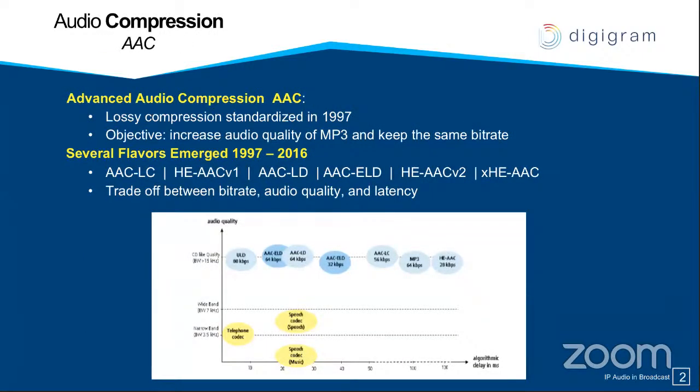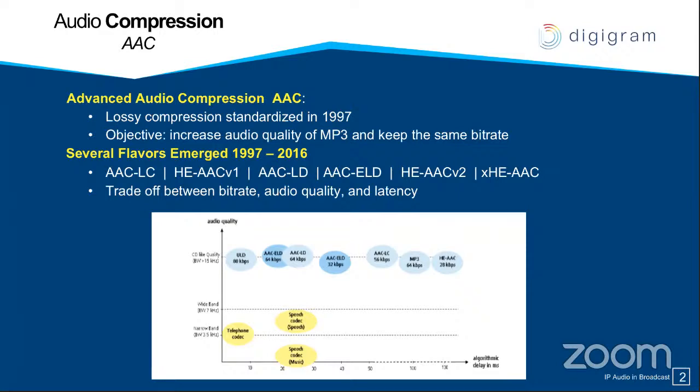However, while MP3 is a good compression and it's a compromise, it wasn't enough for the broadcast sector. We wanted higher quality CD quality audio and even more fidelity at reasonable bit rates. So several flavors of different audio compressions were invented. In 1997, we wanted to increase the audio quality of MP3 and basically keep the same bit rate.